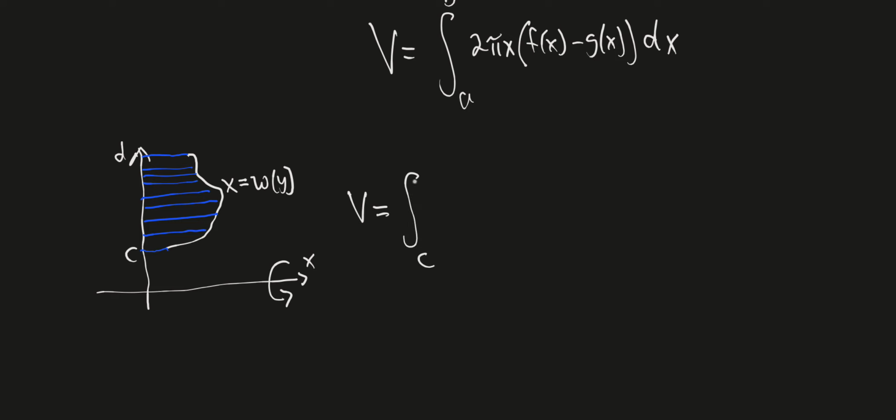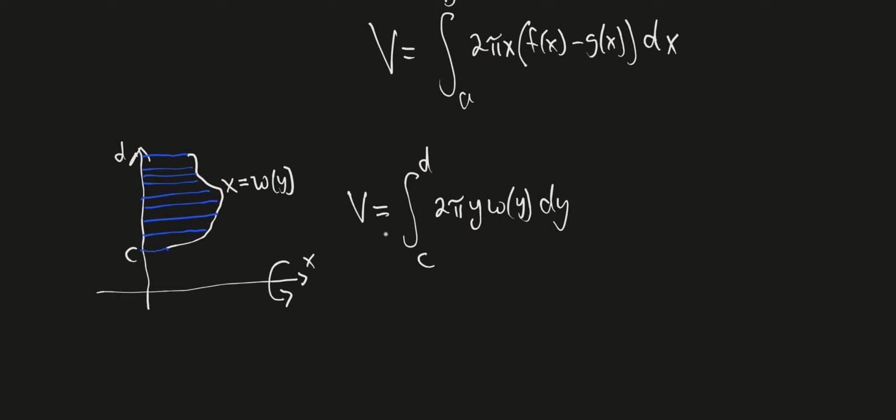So it's the integral from c to d. You'll have 2 pi, but now it's going to be y, and then your height in this case is this horizontal distance from your axis to how far out the curve is. So then that's your w of y, and then dy, right?